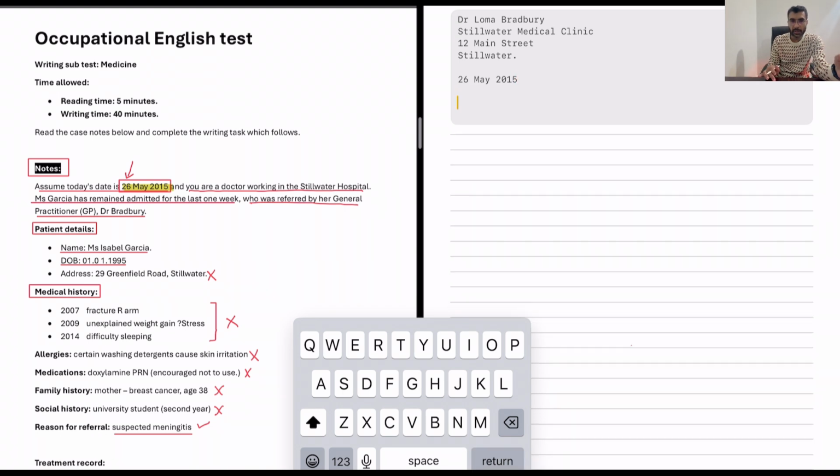Then greetings. In greetings we will write Dear Doctor, then the doctor's second name. Here the doctor's name is Luma Broadbury, so we will write Dear Dr. Broadbury.